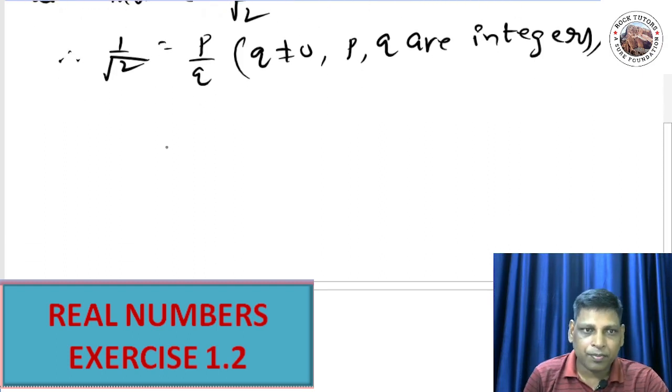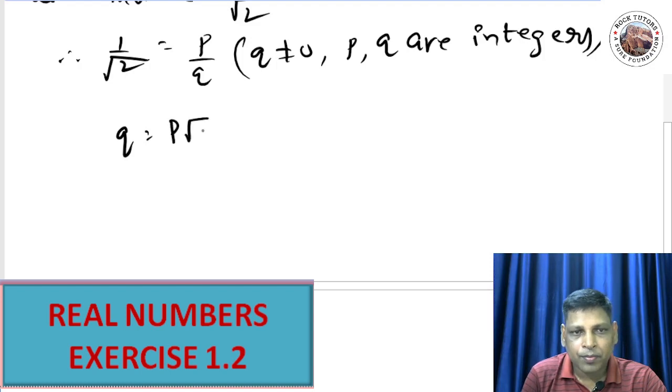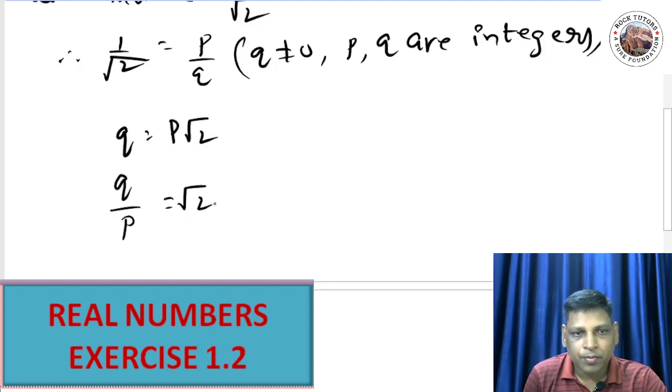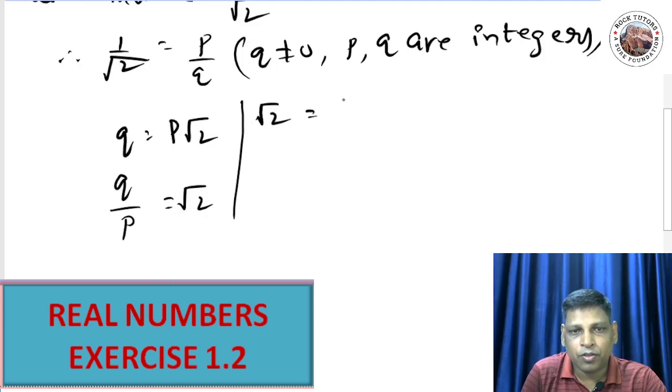Cross multiplying, q is equal to p root 2. So q by p is equal to root 2. If I rearrange, root 2 is equal to q by p.